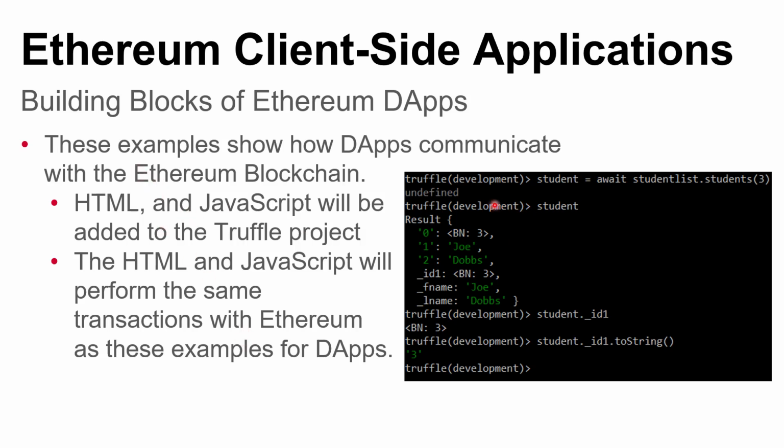And these examples show how, when we get to HTML and JavaScript, they will actually interact as well. So this is communicating right with the contract that has been deployed to Ganache. This will be the same idea, same type of strategy, when we're working with a live Ethereum node.